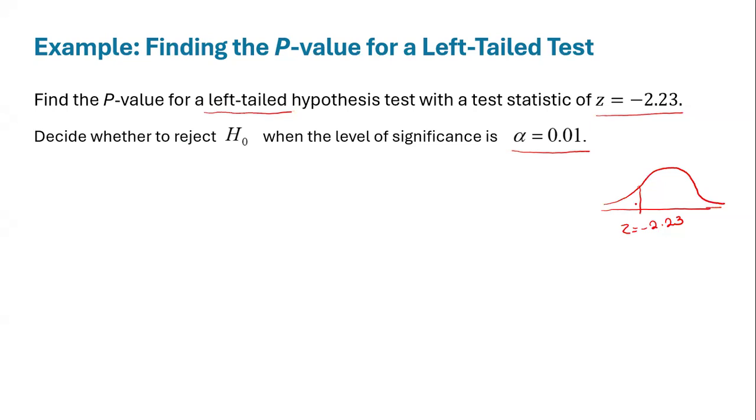Left tail test means the area to the left is the p-value. So if I want to make my decision, I need to find the p-value first and then compare it with alpha. Okay, how do we find the p-value? By looking at the z-table.